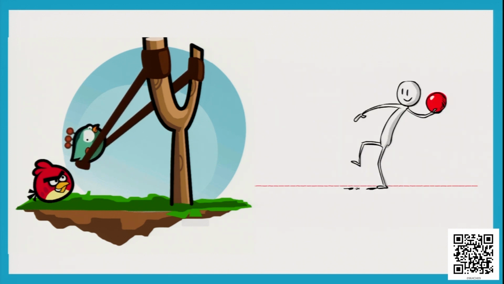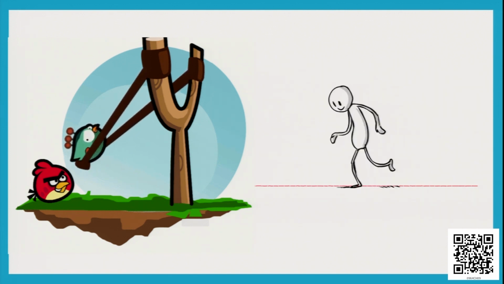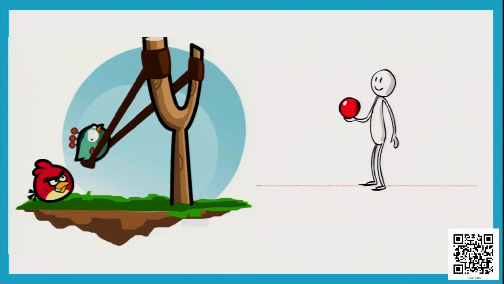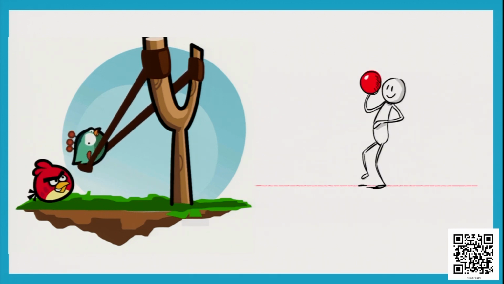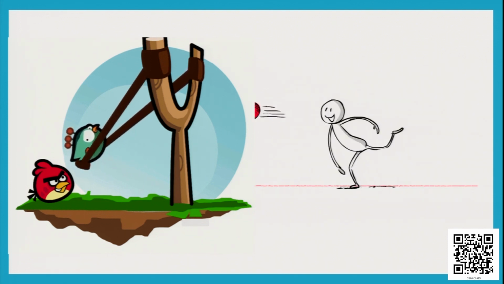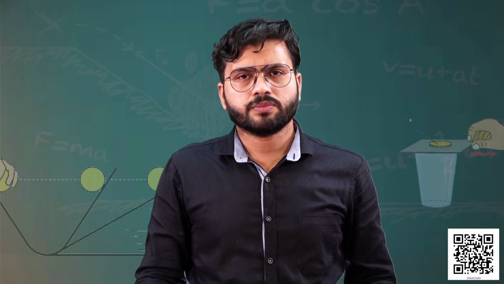Now compare these two situations. In which case will the impact be more? The answer is obvious. If we throw a stone using a catapult, the impact will be much more than throwing a stone using a bare hand.